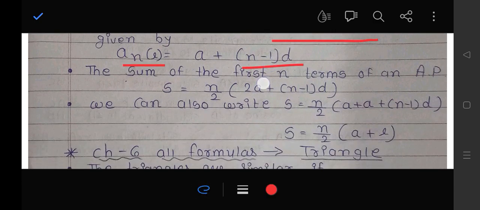The sum of the first n terms of an AP, S is equal to n by 2 into 2a plus n minus 1 into d. We can also write S is equal to n by 2 into a plus l.